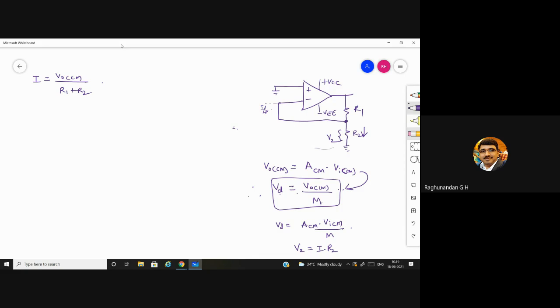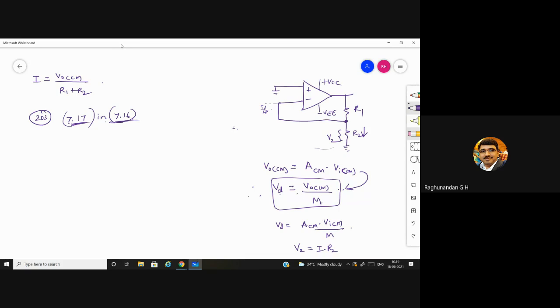Now, there is just one printing mistake in the book. On page number 203, substitute equation 7.17 in 7.16. It is printed as 1.16 and 1.17. Just change this: 7.17 in 7.16.